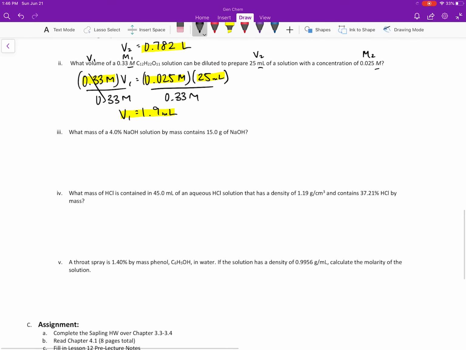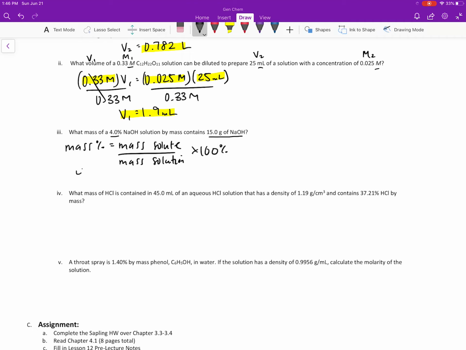What mass of a 4% solution of sodium hydroxide contains this amount of sodium hydroxide? So this is a mass percent problem. So this is going to be mass of solute divided by mass of solution times 100%.